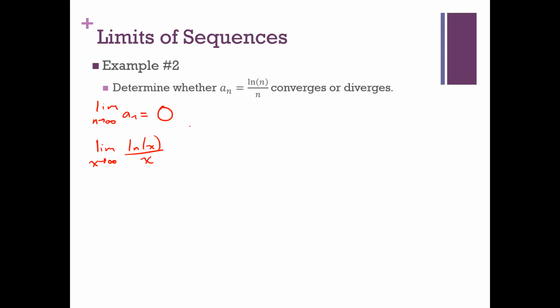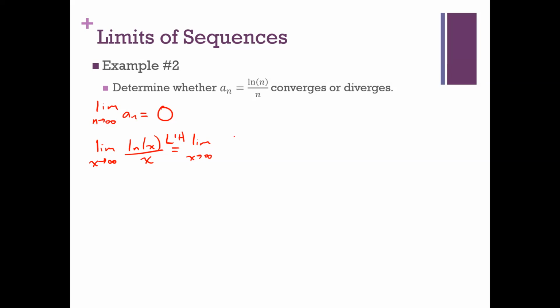So the natural log. As x gets really large, the natural log of x has no limit. It'll go to infinity. What about the denominator? So this limit is equal to, I'll make it clearer for what I'm doing here.